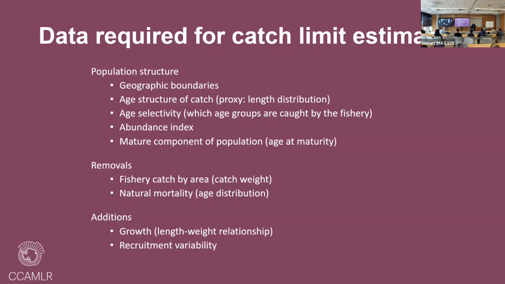And you need to know about age of maturity. And then you need information about the removals from the system, which would be fishing and natural mortality, and additions to the system, such as growth of the individuals, getting bigger and weighing more, and recruitment variability from year to year. All that goes into a projection model that applies the CCAMLR decision rules to estimate the catch limit.